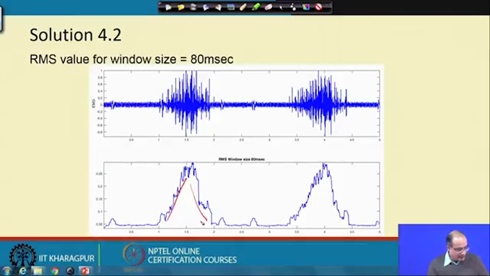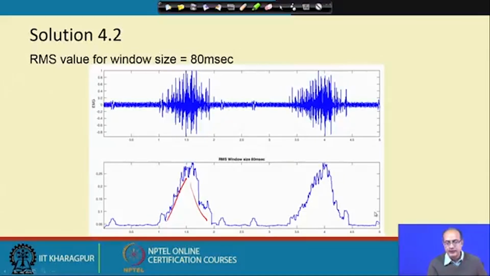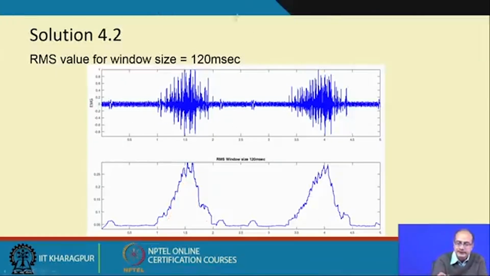If we go back, I think it would be easier to see that. In the previous case, 50 millisecond, compared to 80 millisecond, we have less jaggedness. So, it has become much more smooth, and when we go for the 120 millisecond, it is even better.